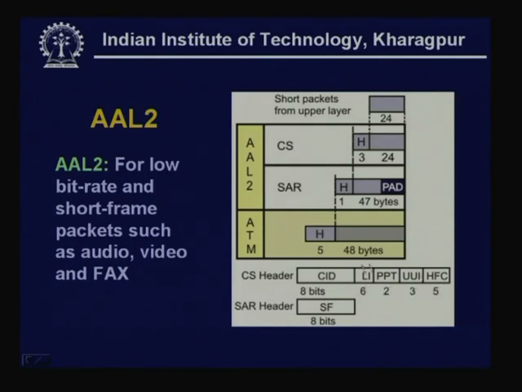I am not discussing all these details. So, you see 2 headers are added: the CS layer puts a header, 3 bytes, and the SAR layer puts a header, 1 byte, and the remaining part is filled up with pad. So, to make it 48 bytes altogether, which goes to the ATM layer, and the ATM layer puts the 5 byte header and sends it through the switches.